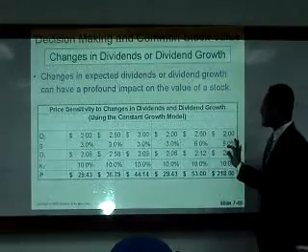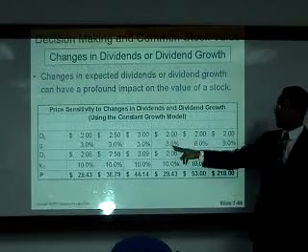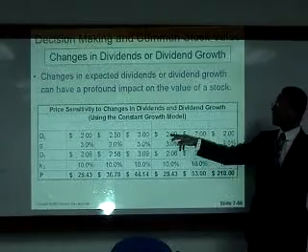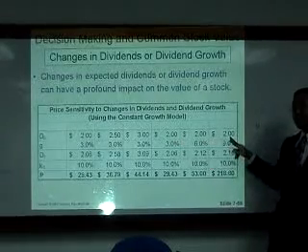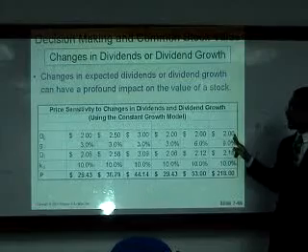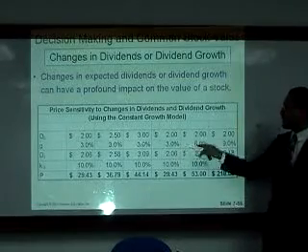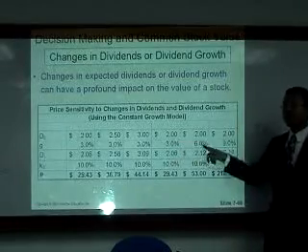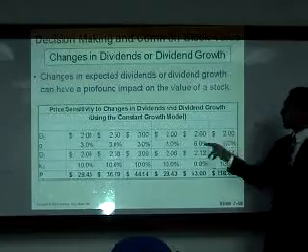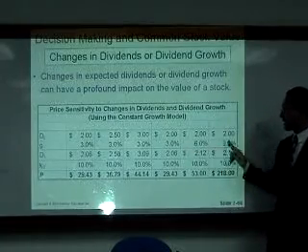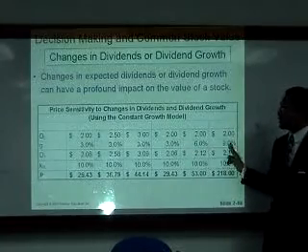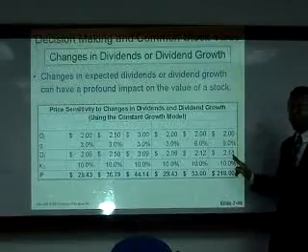And then you look at this, we have the same dividend, D0, but the growth rate is different: 3%, 6%, and 9%. So your D1 will also be different.